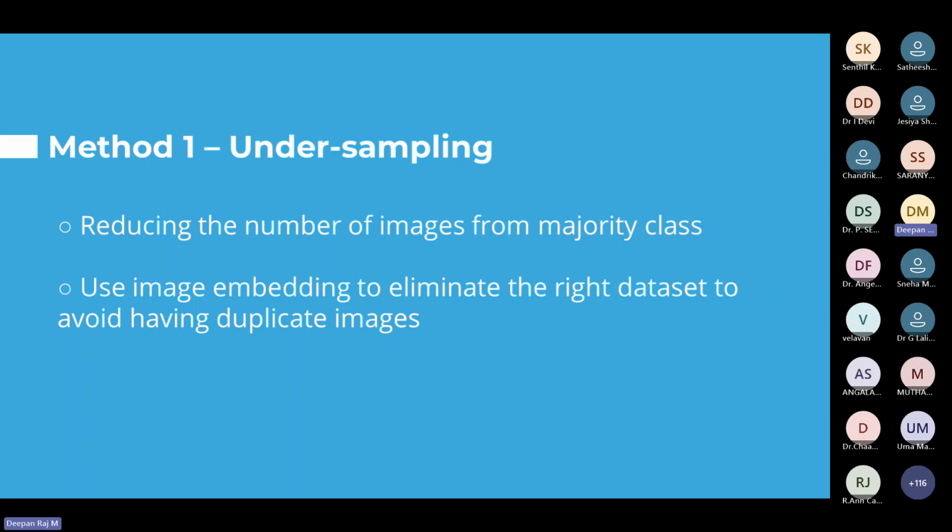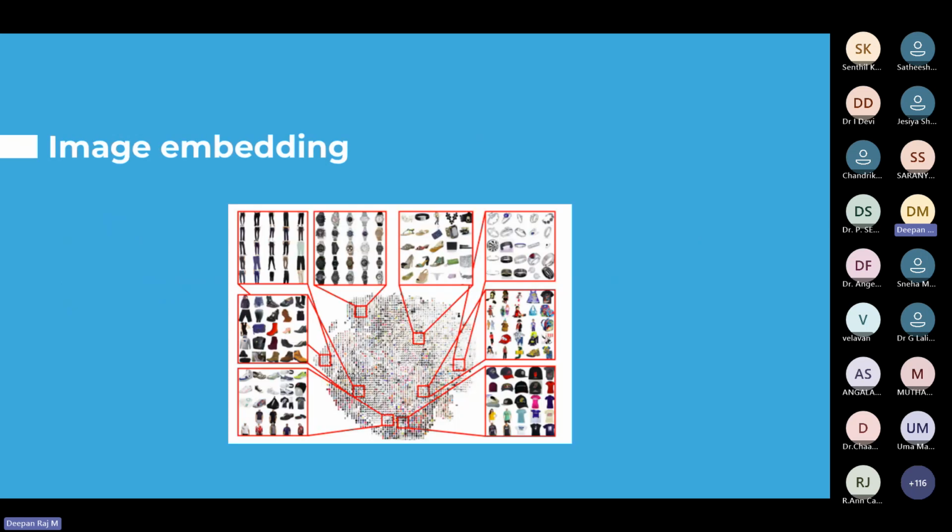Again, this method can not only be applied for anomaly detection, but can be very well used for many other problems. Not huge imbalance, but some minor imbalances in the dataset can be avoided or maintained using this undersampling method, especially using image embeddings. Now let's understand what image embeddings are in the first place.